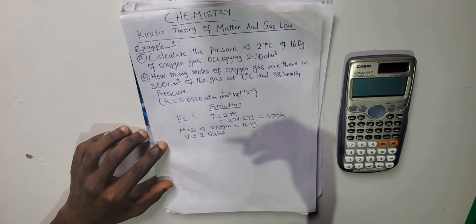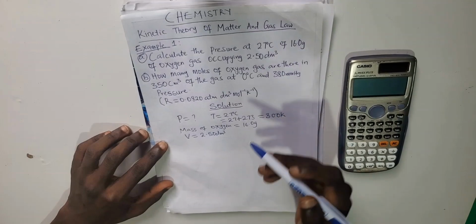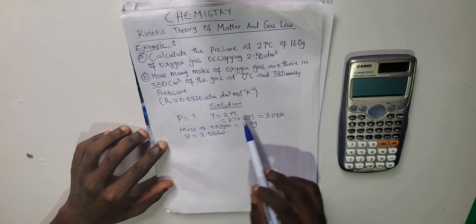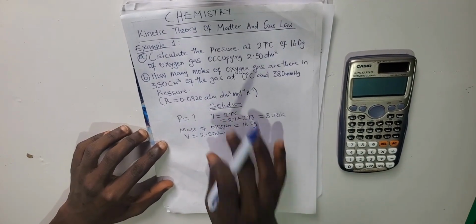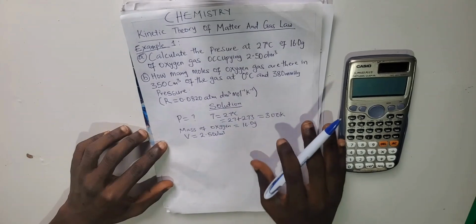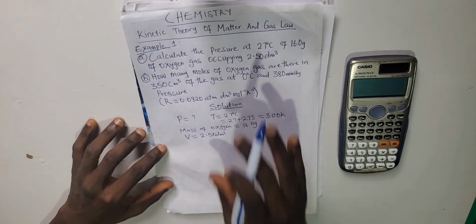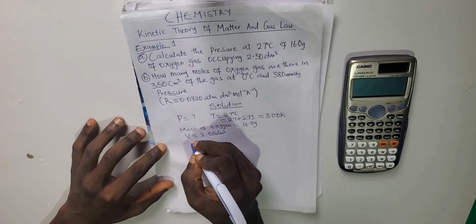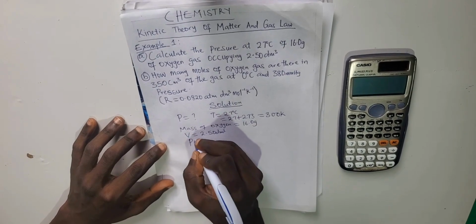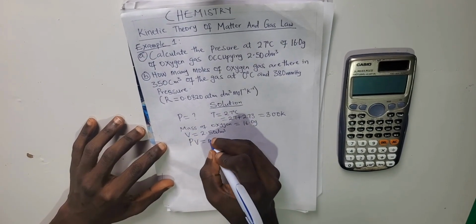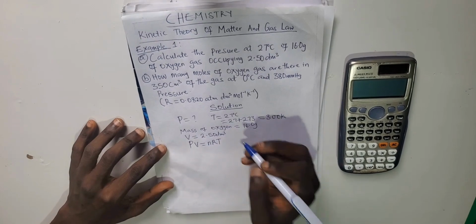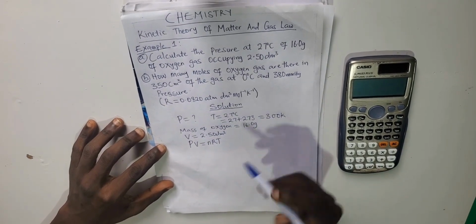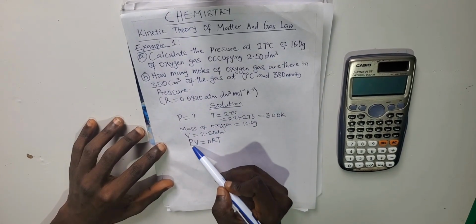Then, which formula from the gas law combines most of these parameters? It is the ideal gas equation, that is, PV equals nRT. Now the pressure is what we are calculating for.